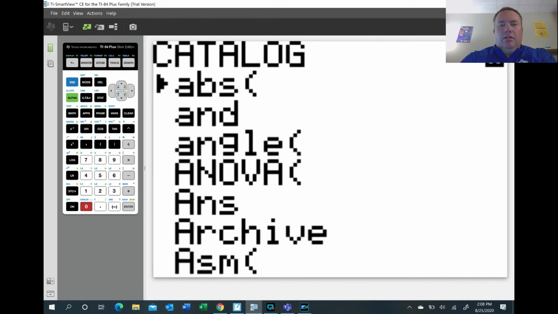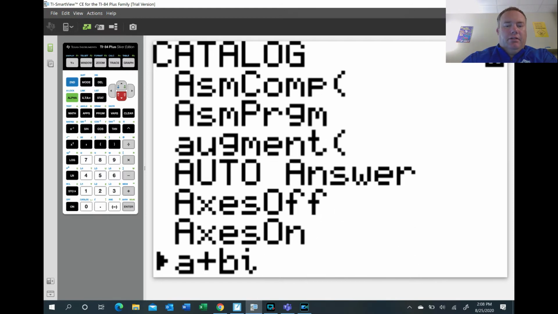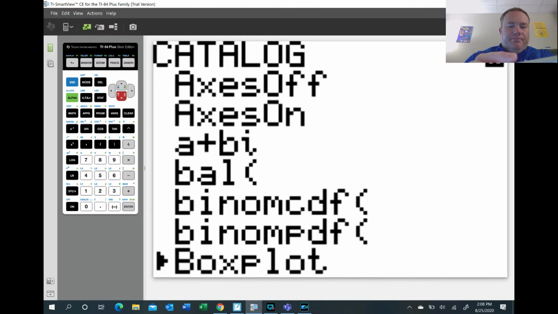Now in catalog, there's all kinds of different programs that you can use, but the one we're going to talk about is known as diagnostics on. You're going to have to go all the way down on your calculator, and it's going to take a while. It is in alphabetical order.